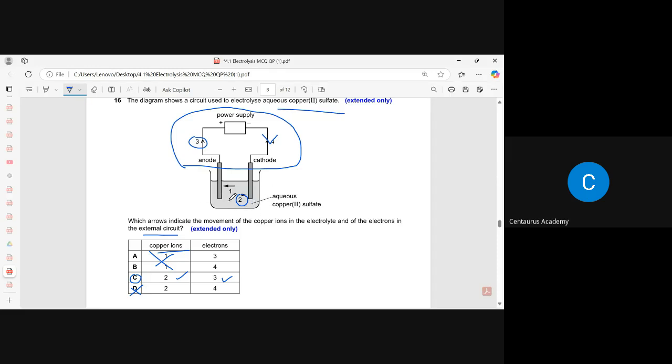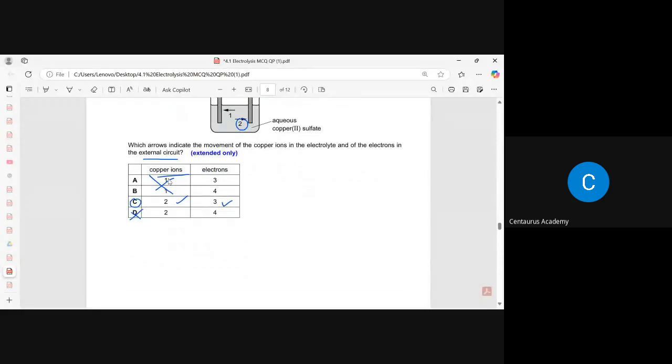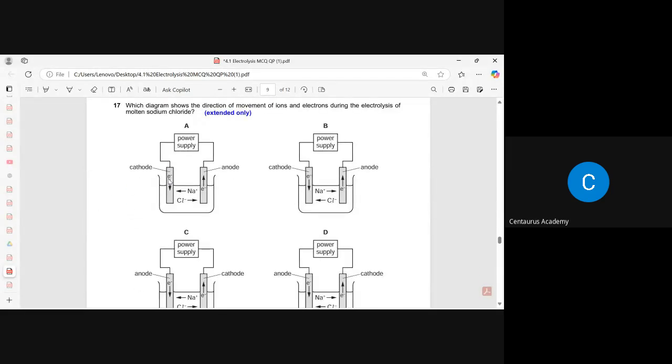There's no flow of electrons within the electrolyte. The electrons flow within the external circuit, from the power supply or towards the power supply through the connecting wire, and they move towards the cathode or the anode, and then they will be accepted either by the cations or delivered away from the anions.